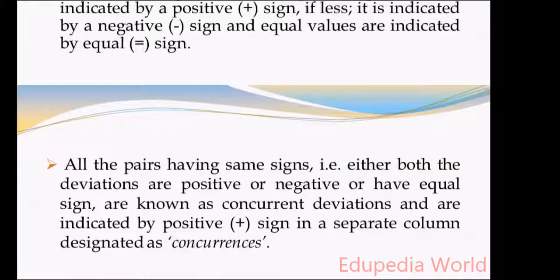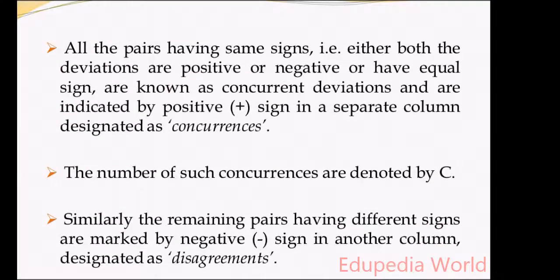Proceeding further, all the pairs having the same signs, that is, either both the deviations are positive or both are negative or both have equal signs, are known as concurrent deviations, and these are again indicated by a positive sign in a separate column which is designated as concurrences.